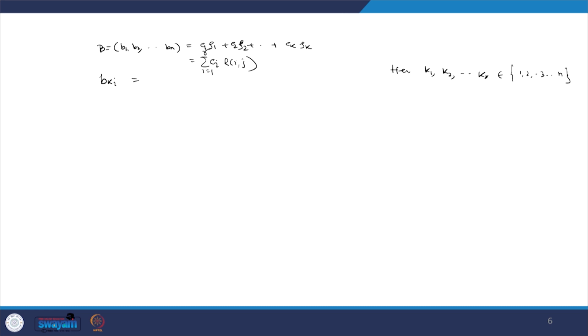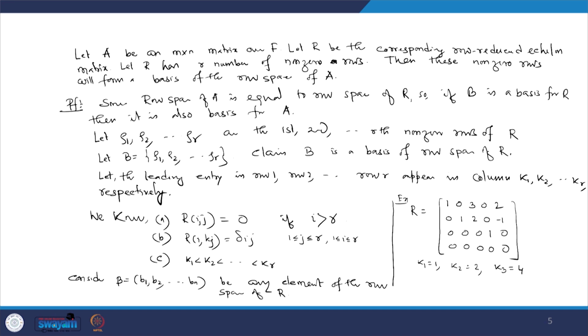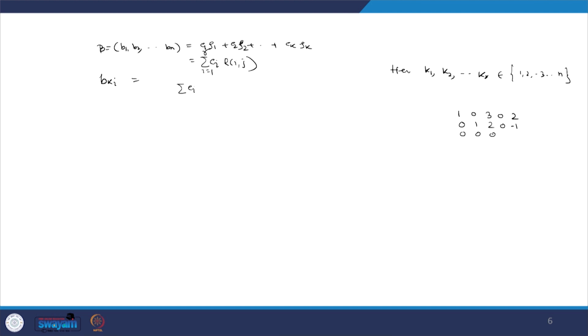So if I compare the k_i-th component, this will be sigma c_i r_ij. Let me take the example parallelly: 10302, 0120 minus 1, 00010 and 00000.